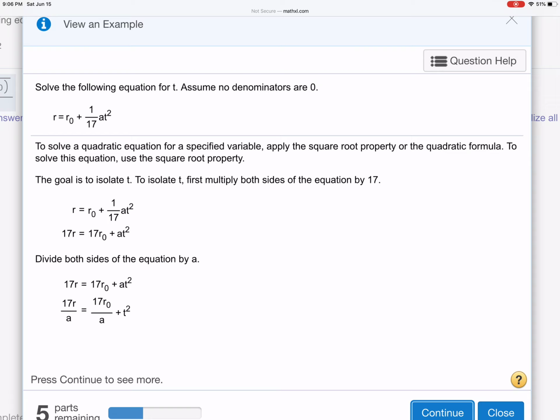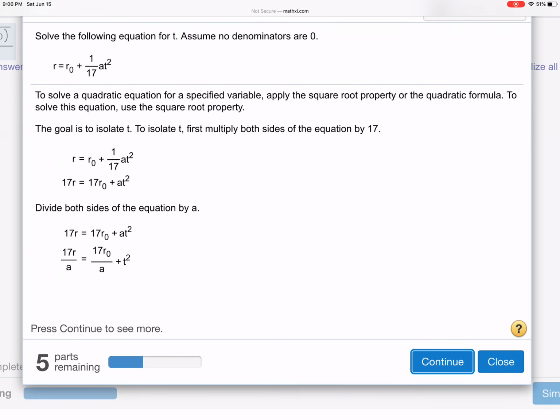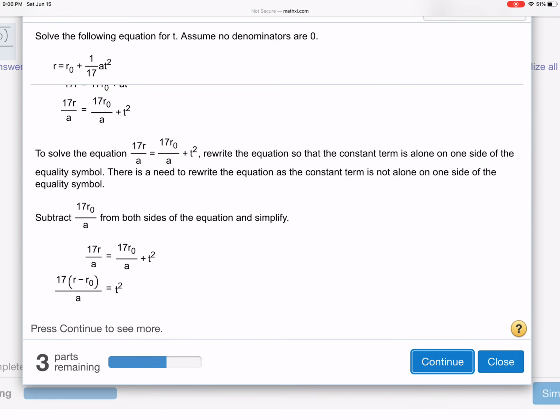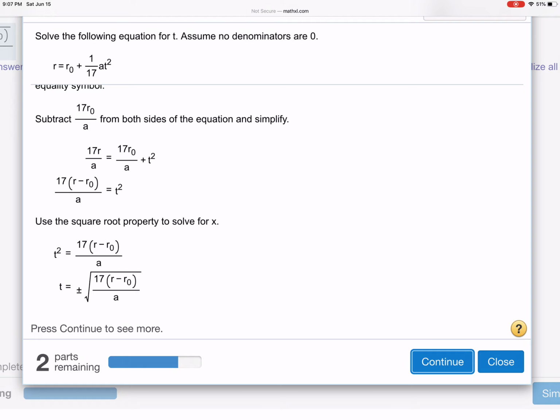If we multiply everything by 17, that should be a 17r. If we divide everything by a, that's fine. You subtract that. And then plus or minus square root. Yeah, this looks like it matches what I have.